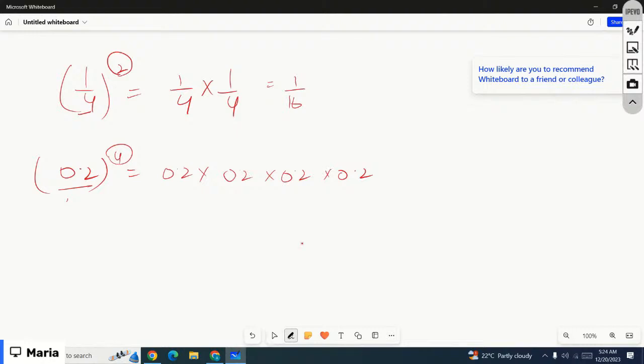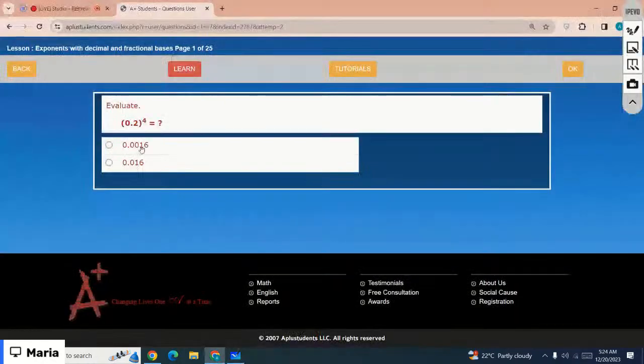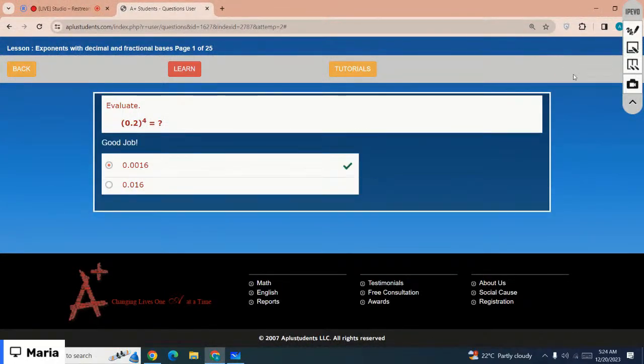Yes, you have 1 to 4 one decimal place each number, right? 2 times 2 is 4, 4 times 2 is 8, 8 times 2 is 16. The answer must have 4 decimal places, 1, 2, 3, 4. That is 0.0016. Very good. The correct option is 0.0016. Got it?